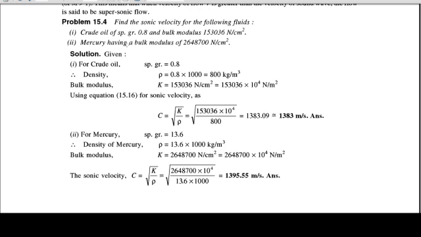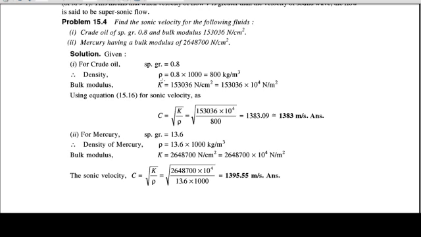The crude oil of specific gravity 0.8 and a bulk modulus of 153036 Newton per centimeter square. And second is mercury having a bulk modulus of this. So first we are considering the first case and finding out the sonic velocity.